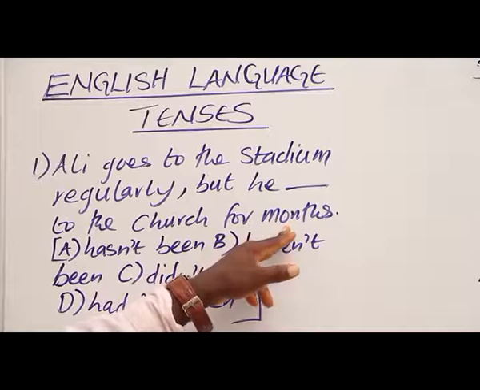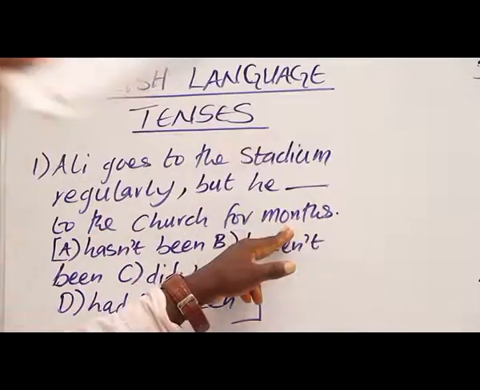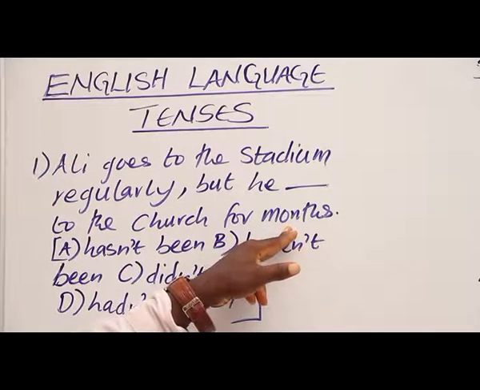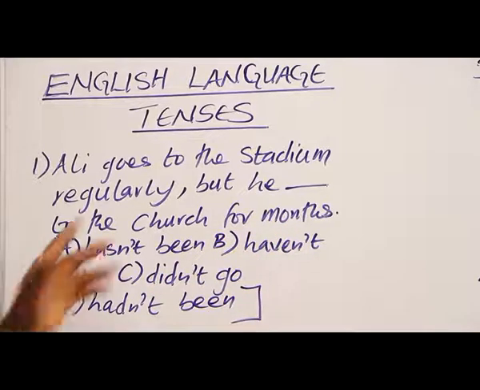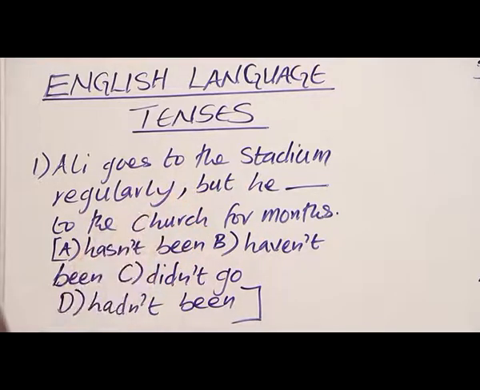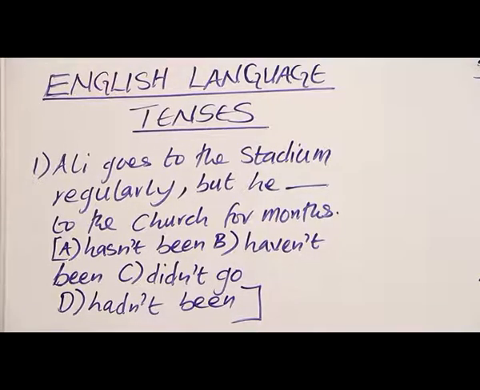If we use that, it means the action is in the past. At that time, the person was going to the church, and that is not the sense we have here. If I'm saying it now, that Ali goes to the stadium regularly, as at this moment, he's still not going to the church on the other side. So that means that D can't work, hadn't been.